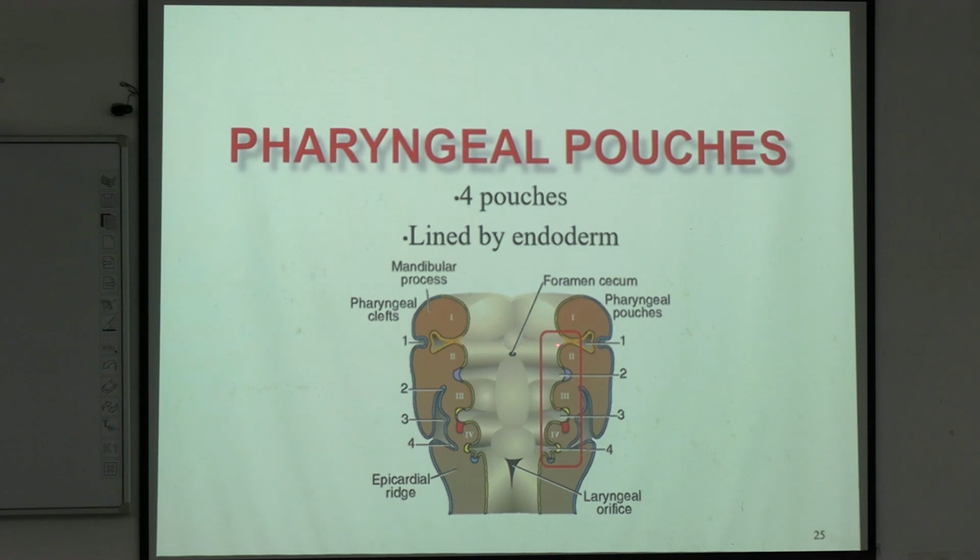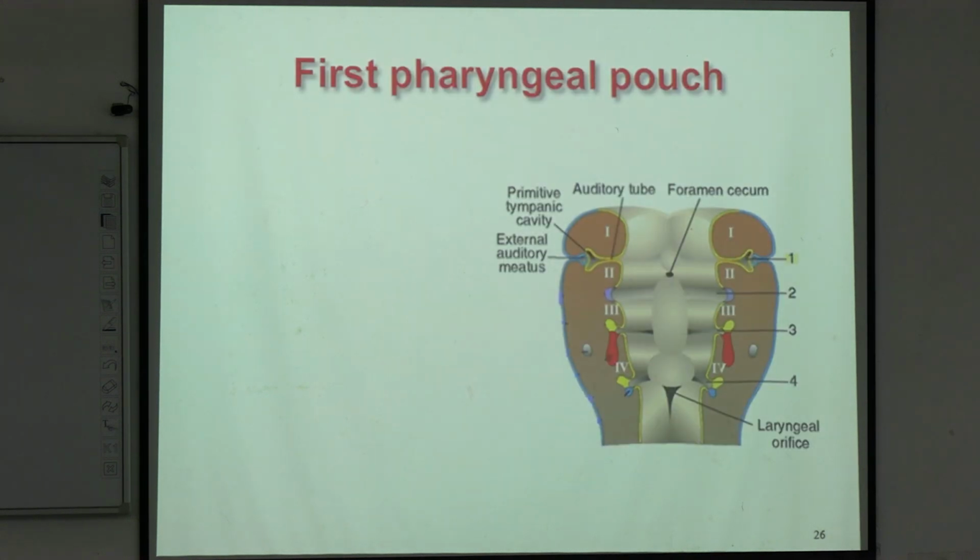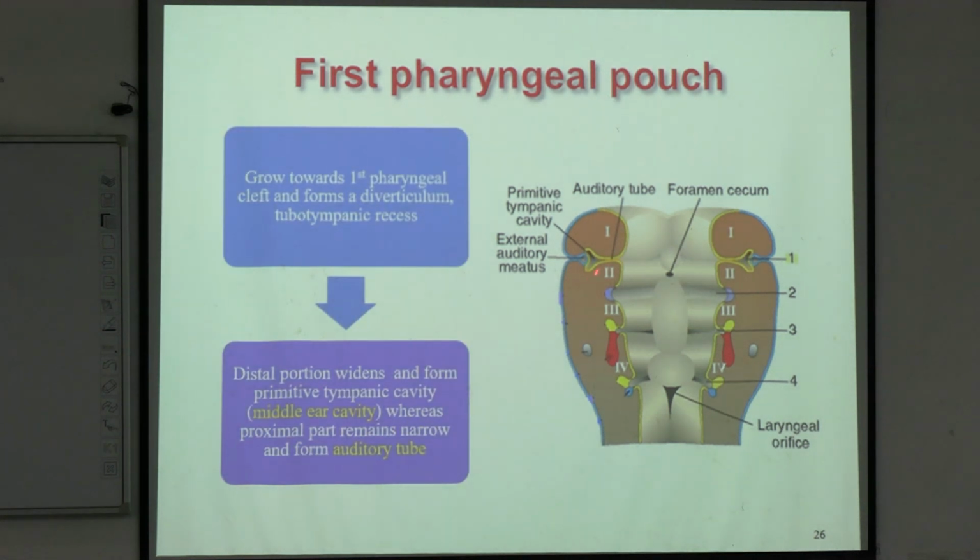The narrow part forms a tube and the dilated part forms a chamber. So the fate of the first pharyngeal pouch: this dilated part, which looks like a trumpet, forms the middle ear cavity, and this narrow part forms a tube, which we call the auditory tube, also known as the Eustachian tube.